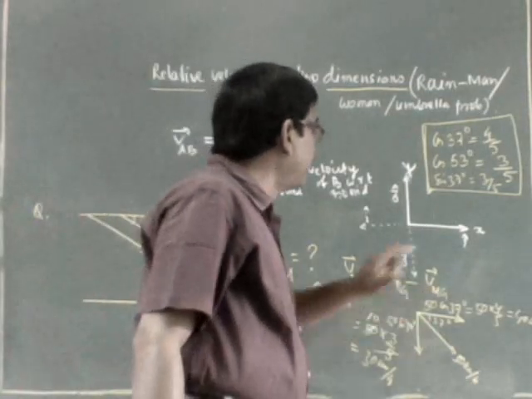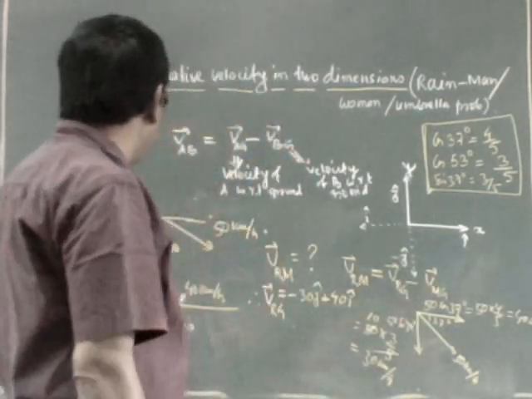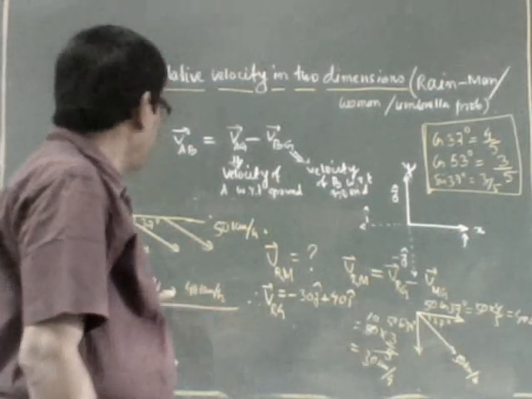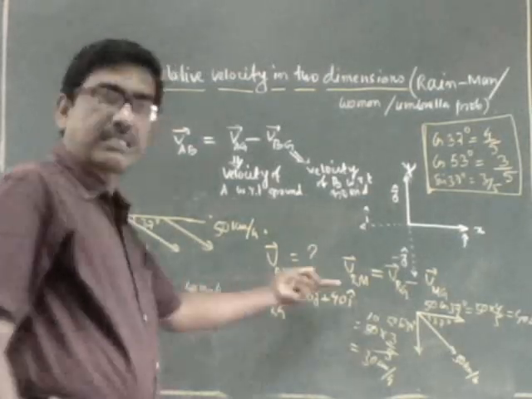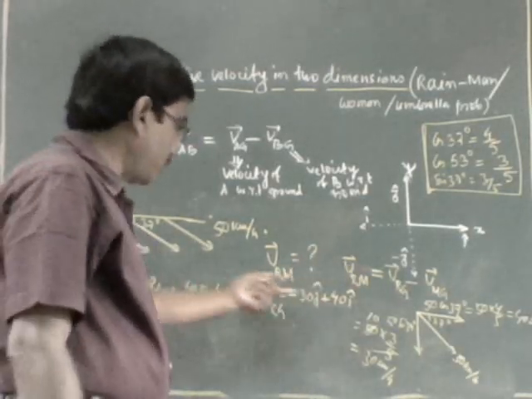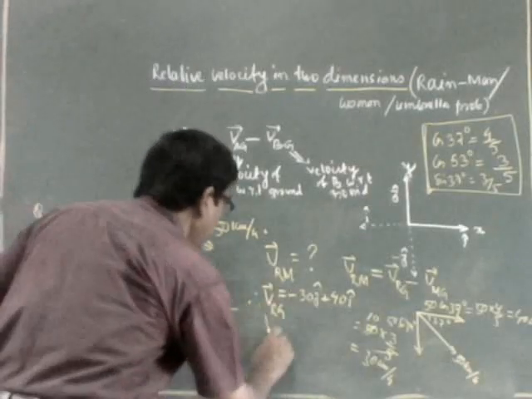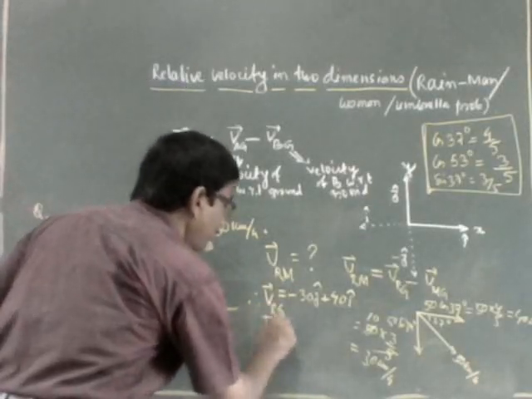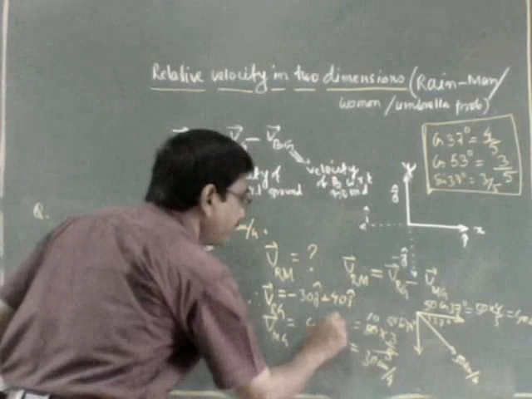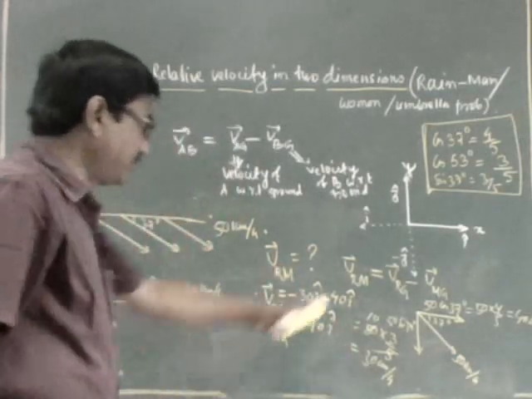VMG, the velocity of man with respect to ground, is given along the x-axis, so it is 40i. Then what will be VRM?